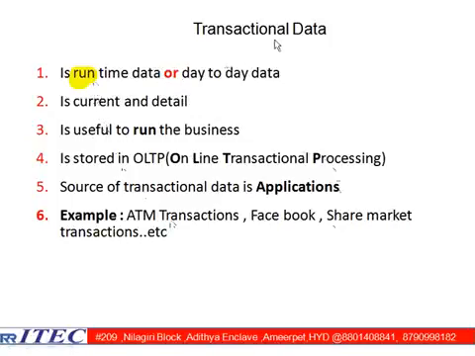Now, transactional data is useful for the purpose of what, sir? Running the business. Transactional data is also called day-to-day data. That means whatever you are doing daily, the data is coming and storing. Transactional data is also called current data. Suppose I went and withdrew some amount.